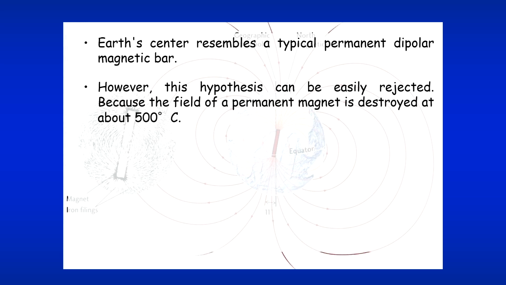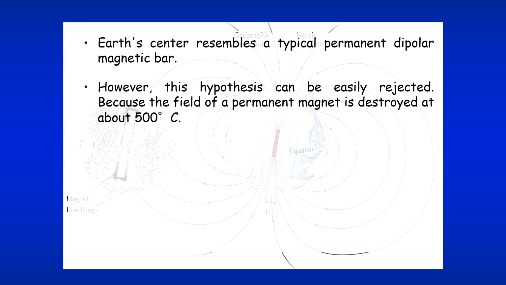So the outer core, which is liquid, is responsible for the magnetic field. Then the hypothesis asked how it is possible that that portion is able to create such a strong magnetic field, because at 500 degrees any permanent magnet will be destroyed.